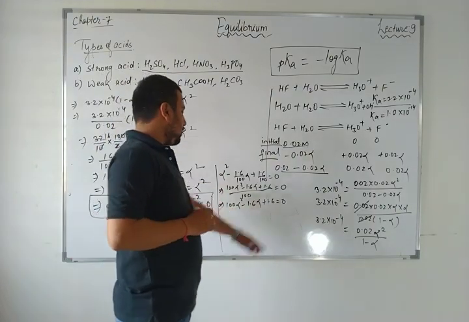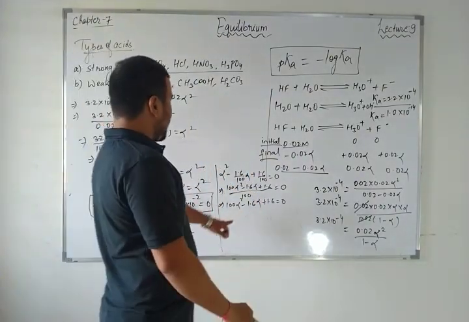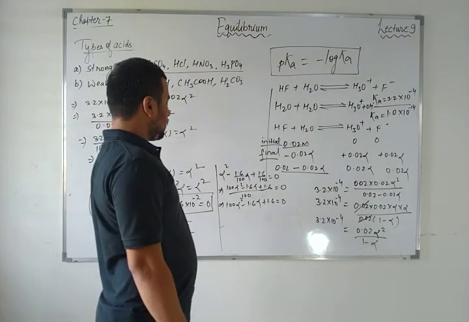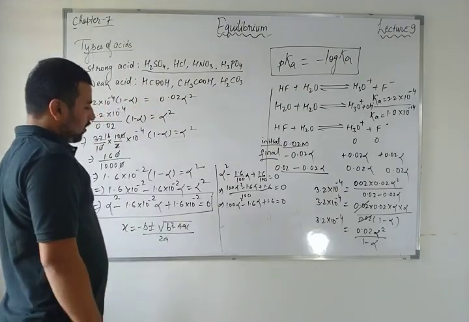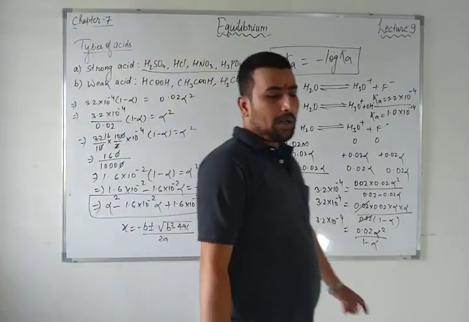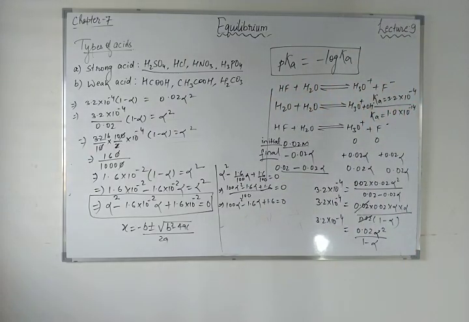Here 100 into 1.6, here we have to break this. 100 alpha square minus 1.6 alpha plus 1.6 is equal to 0.